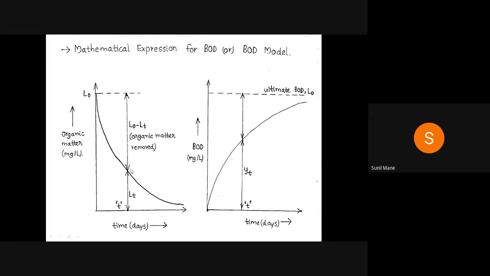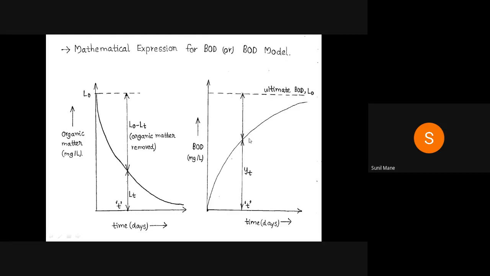Whenever this particular organic matter has been consumed, at that point this is the biochemical oxygen demand over there. As the organic matter is consumed, the further demand of oxygen would be there, and that demand would be increasing up to ultimate BOD, right? But we are not going for ultimate BOD.